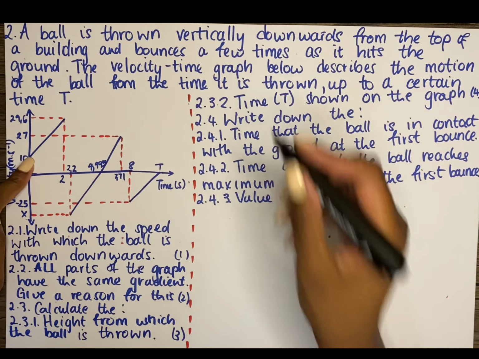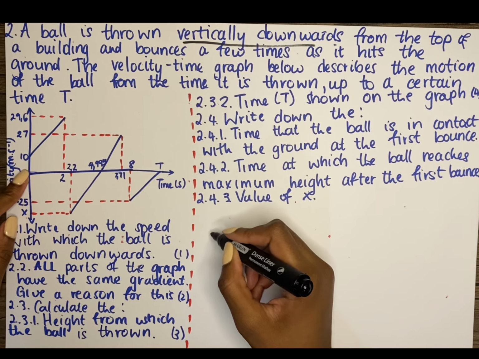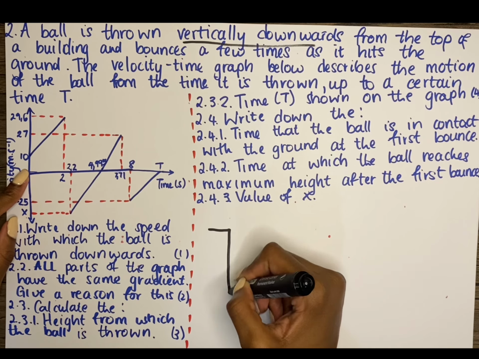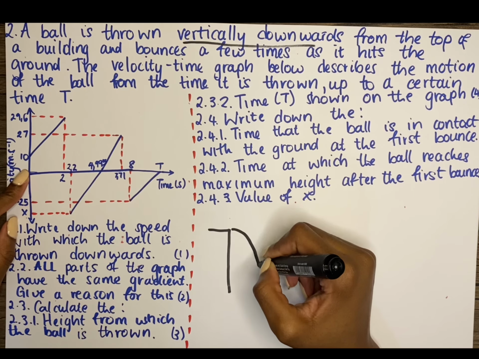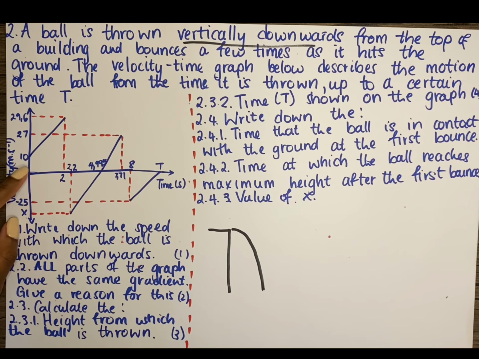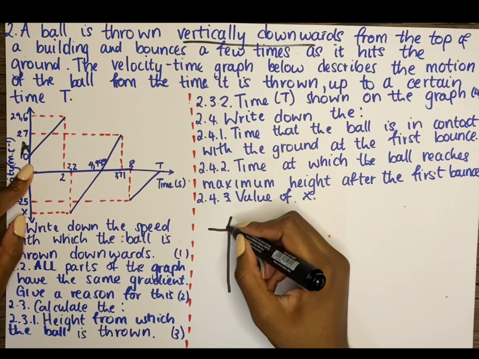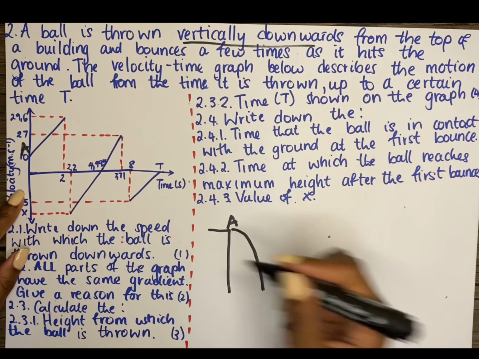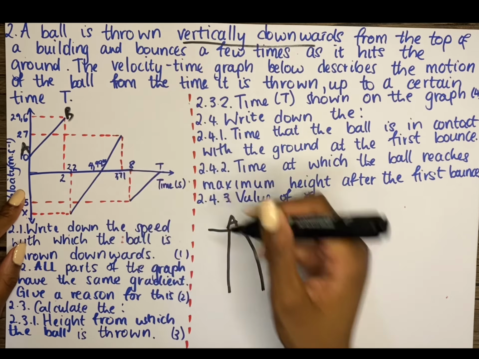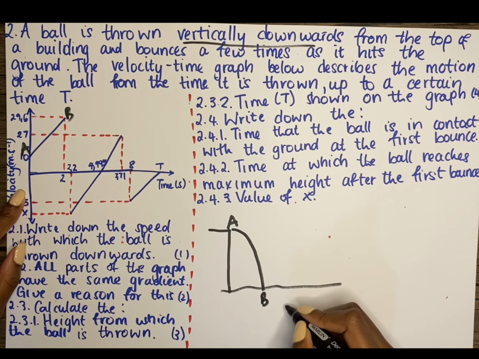Ball is thrown vertically downwards. So from a certain height, it's thrown vertically downwards. Reaches the ground. If you look here, point A, right? Reaches the ground. Let's call this point B. Point B. This is your ground.